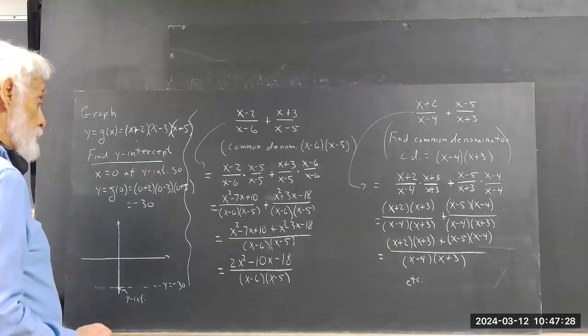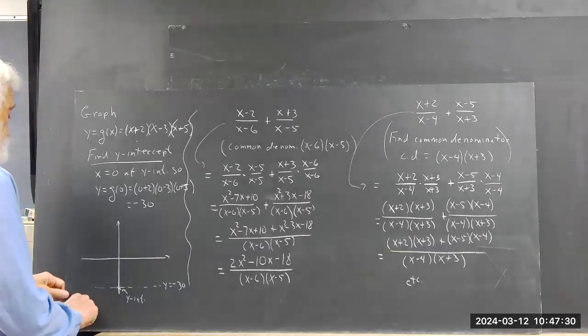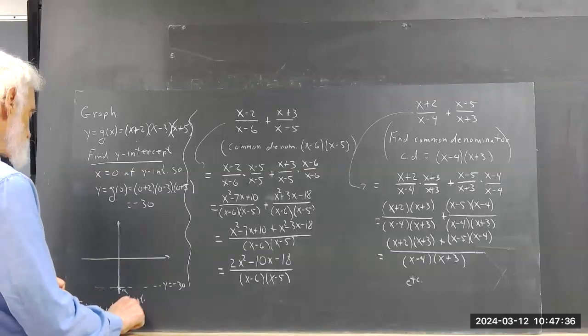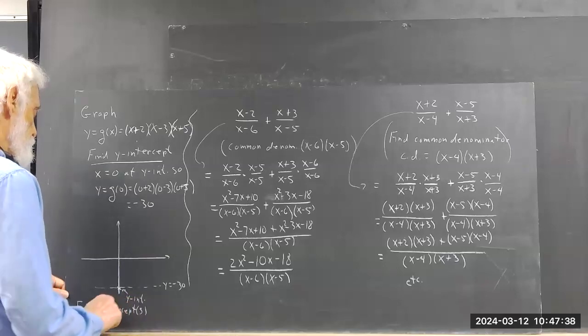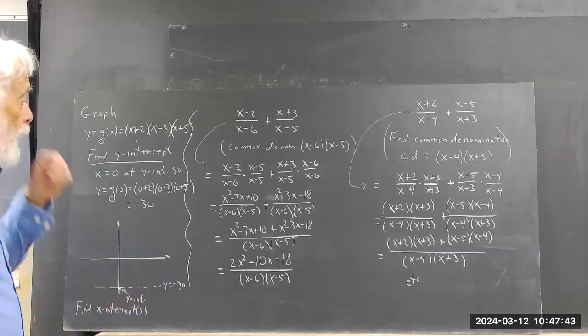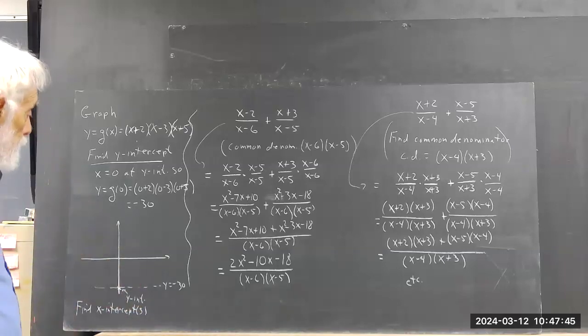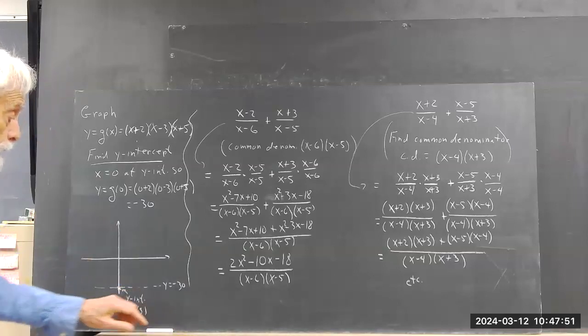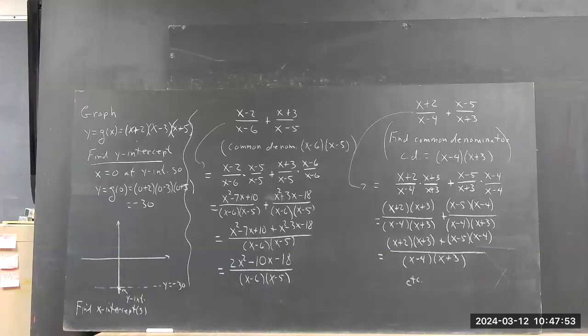Now find the x-intercepts. And maybe it's just one intercept, maybe it's more than one. How do you find the x-intercepts? Well, write something down. Write what you think we need to know in order to find the x-intercepts.